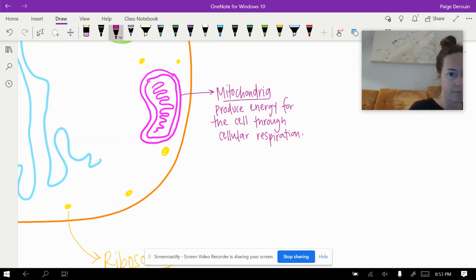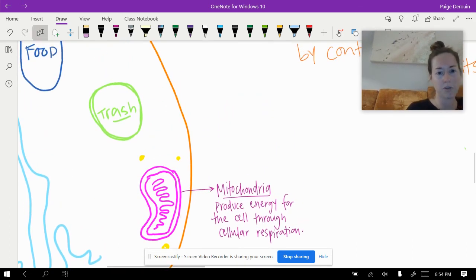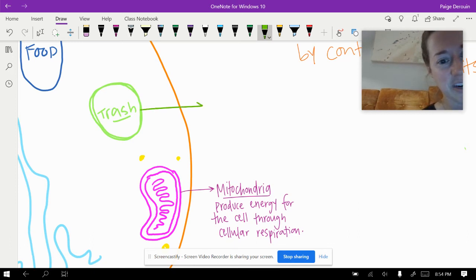Okay, let's go up here. I drew a green circle here and put trash in it to show that there is trash inside of it. These organelles are called lysosomes.